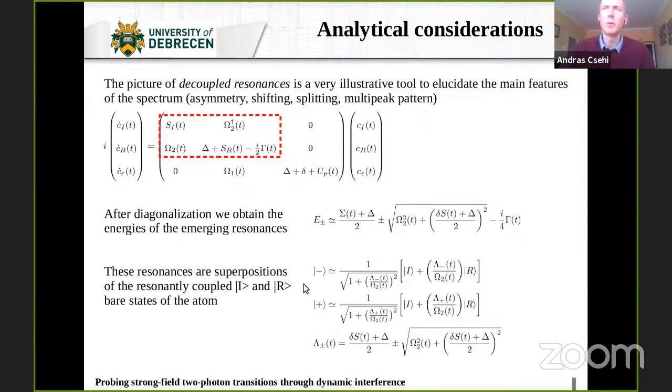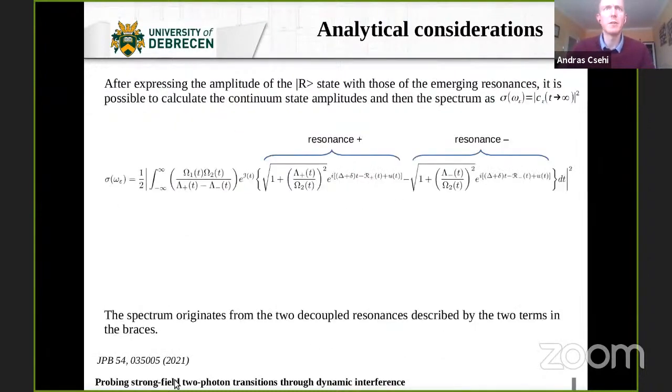So to proceed further, we can express the R state from these two wave functions, and from the R state, we can further express the continuum state. For the details, you can see the cited reference shown here, but from the ionic state amplitude, we can then calculate the spectrum as before. So after doing this analytical derivation, this form is obtained for the spectrum.